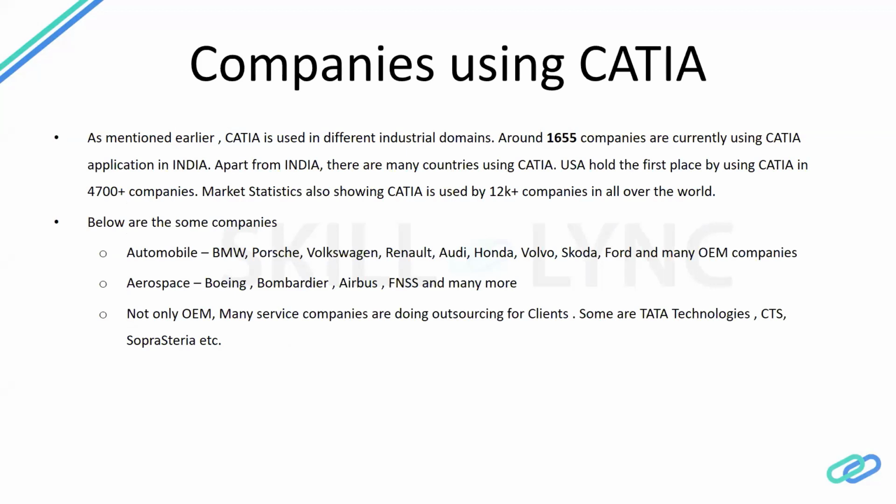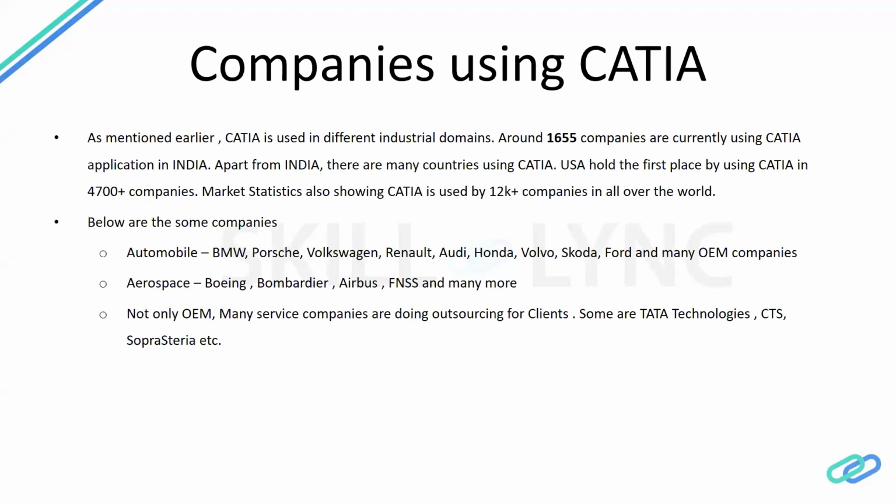Apart from India, USA holds the number one position in using CATIA. 4,700 plus companies are using CATIA there, and statistics show that CATIA is used by 12,000 plus companies all over the world.